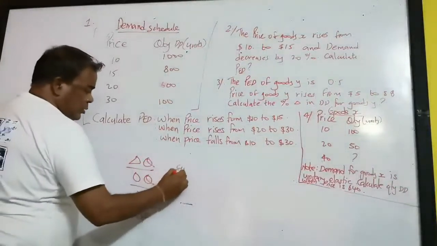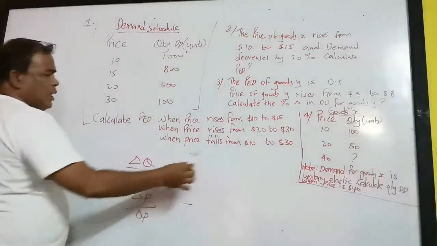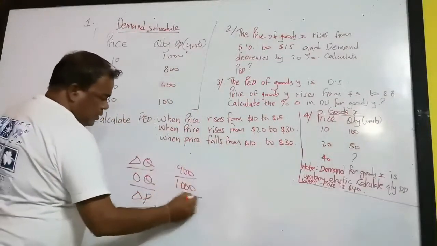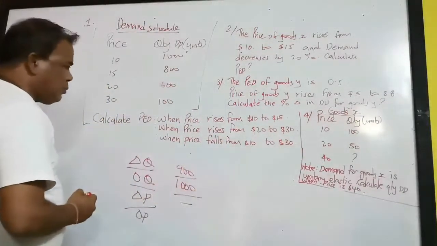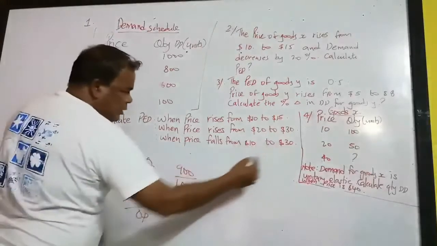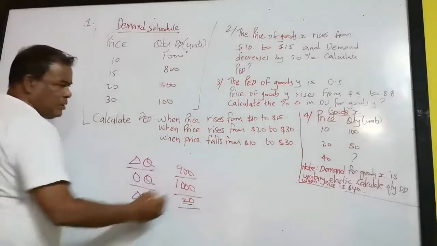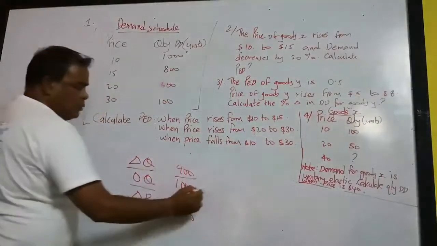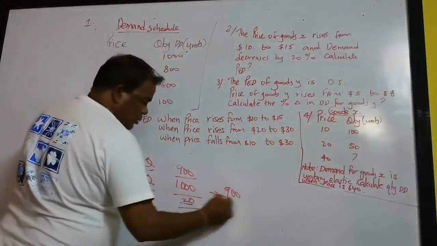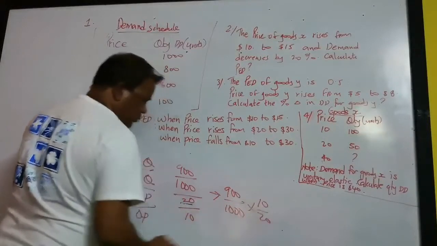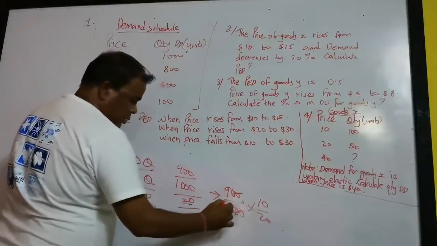Change in quantity, 900, over original quantity, the first quantity, 1000. Then change in price, how much? 10 to 30, 20. Original price, the first price, 10. Then mathematically we do it, 900 over 1000 times 10 over 20.